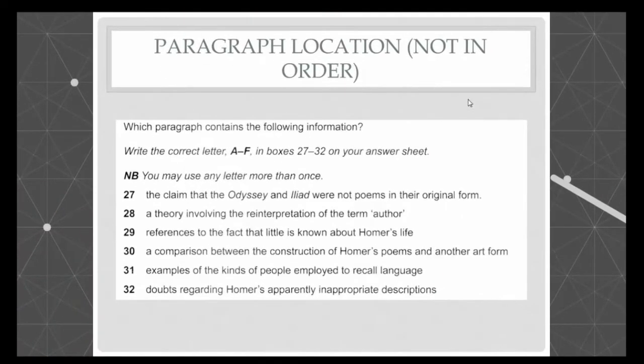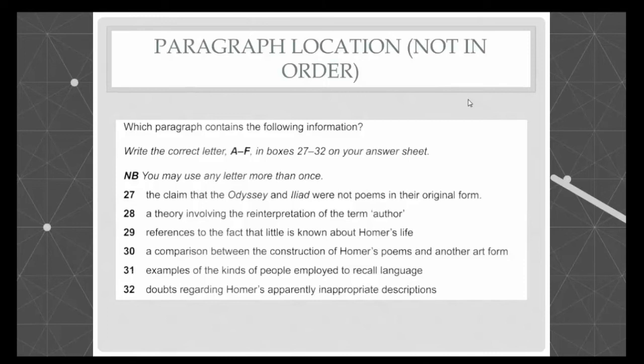We have our paragraph location question. It's not in order. This is a really difficult question. Very, very challenging question for most students. Basically, with this type of question, for number 27, you have to know which of the paragraphs the information for number 27 is mentioned in. And the trick with this question is that it doesn't go in order.